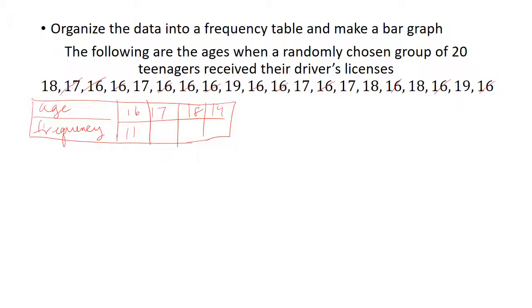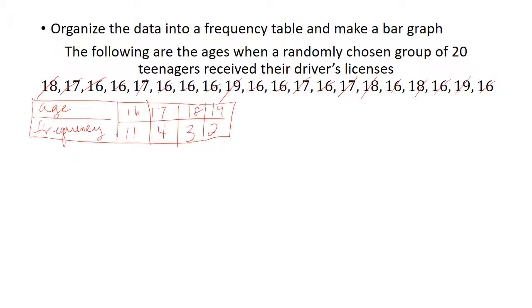All right, so at 17 we've got 1, 2, 3, 4 times. At 18 we've got 1, 2, 3, and at 19 we have 1, 2. So that would be a frequency table.